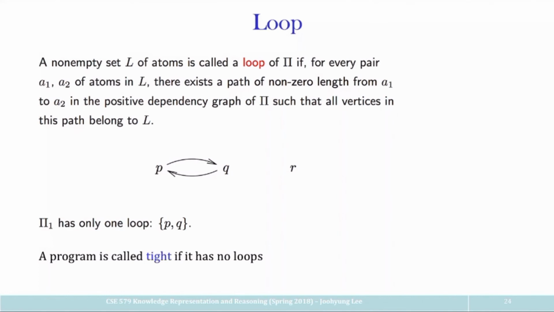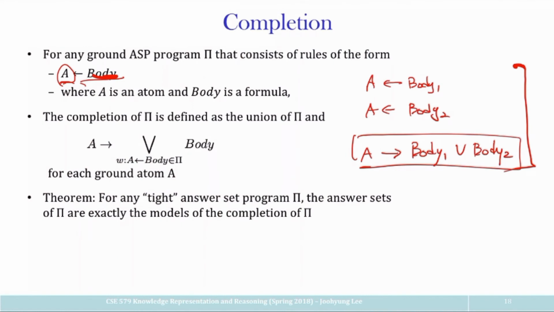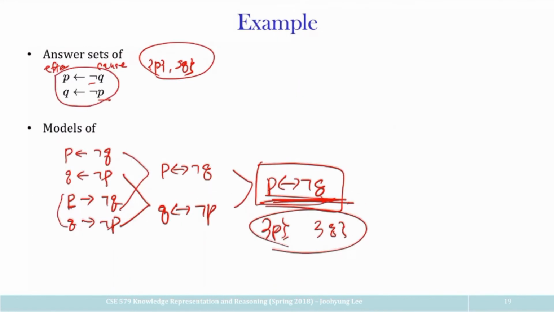Going back to the examples that we had, how many edges are there in the dependency graph for this one? There are two nodes, P, Q. The edges go from the head to the positive body, only positive atoms in the body.